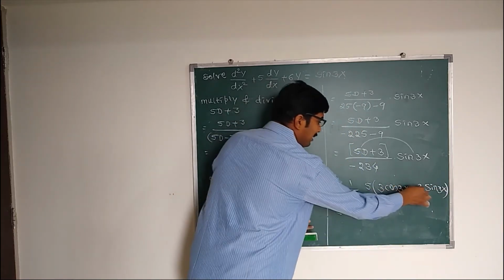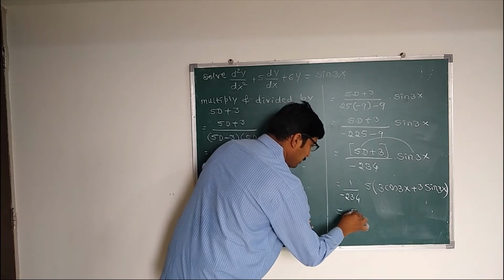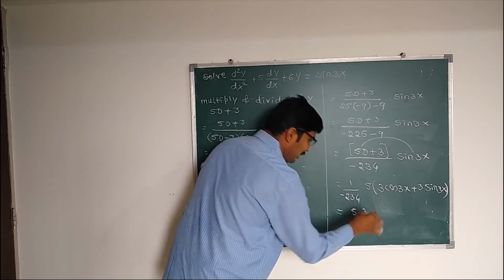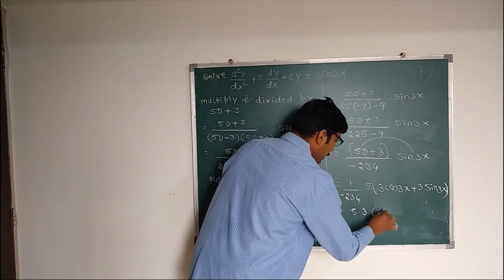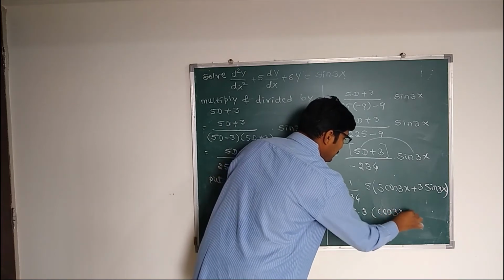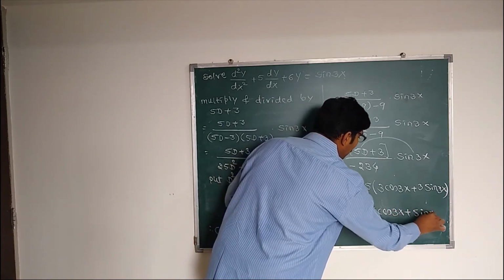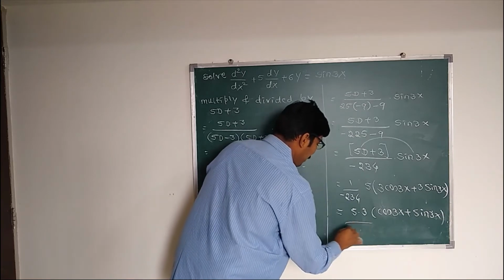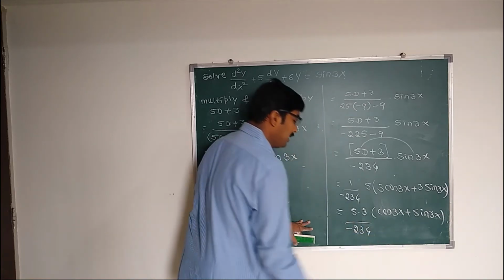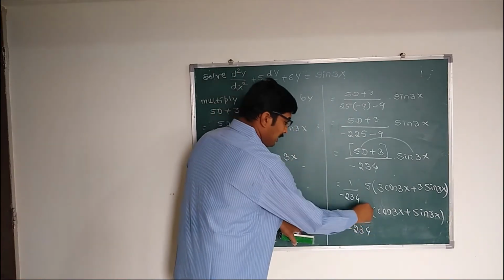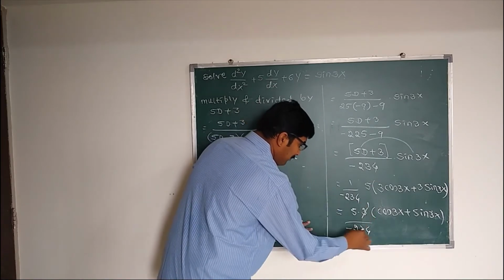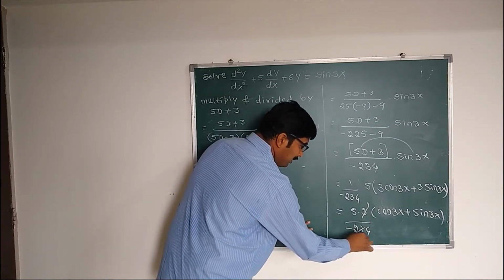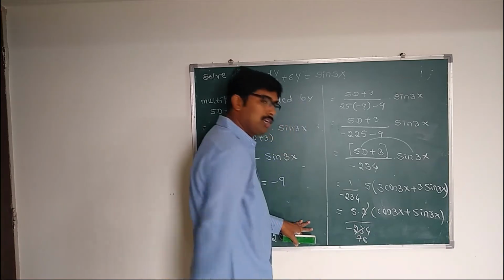You can take 3 outside. So that is 5 into 3 into bracket cos 3x plus sine 3x divided by minus 234. You can cancel: 3 ones are 3, 3 sevens are 21, and 3 eights are 24.